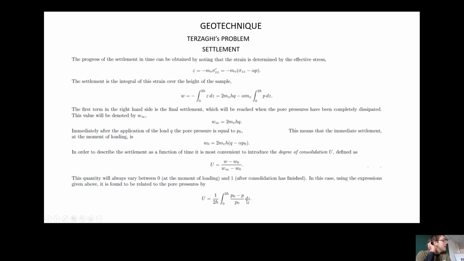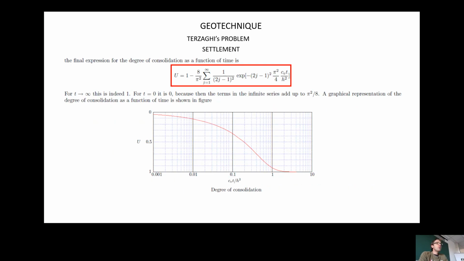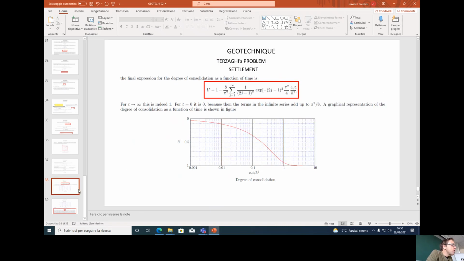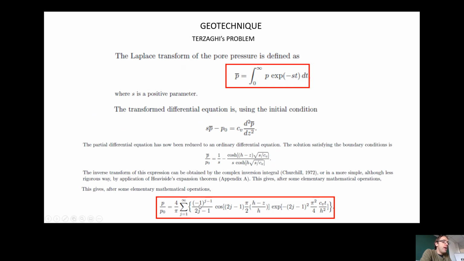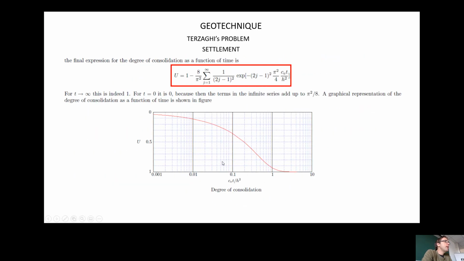Of course, again, this P depends on the pressure inside the layer. So the final expression of the degree of consolidation as a function of time can be defined in this way, and we can introduce U inside this representation, and we can, at the end, define the degree of consolidation as a function of time.